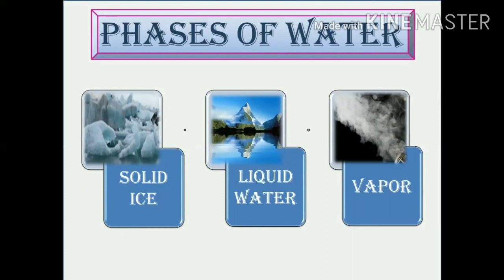For example, water exists as a liquid at room temperature, but when we boil it, when we heat it, it starts changing into the vapor phase. So here the term gas will not be applied for this particular phase of water. We call such a phase vapor.